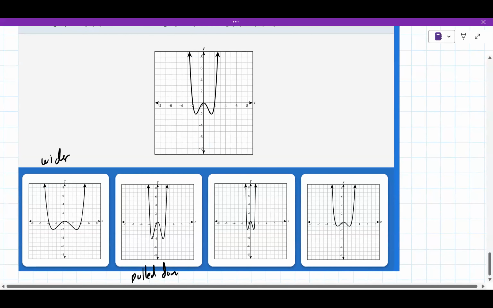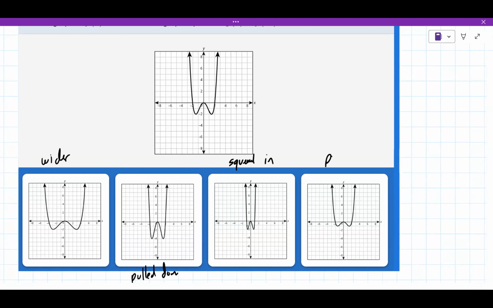You can imagine this point right here where my cursor is compared to this point, it's been pulled down. This one next has been squeezed in, narrowed, if you will. And this last one has been pulled.